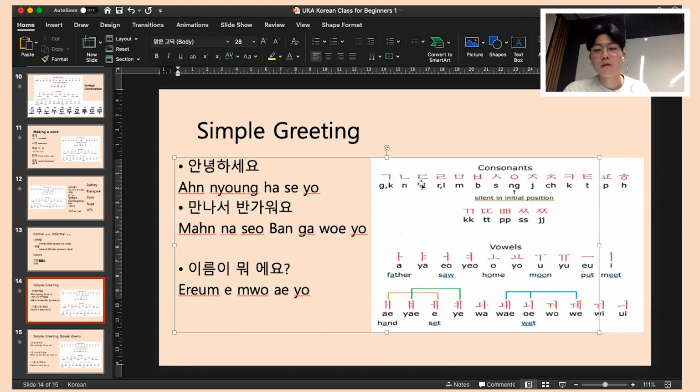I think if you memorize some of them, it should be easy. And probably maybe in the next lesson you'll be able to at least read some Korean without this. This 만나서 반가워요 means nice to meet you.